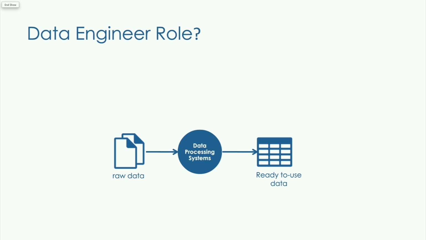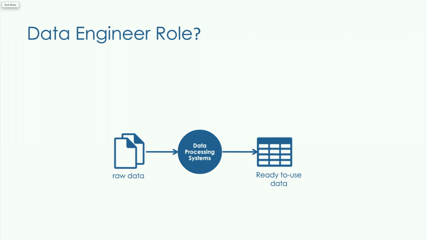Great. So first of all, let us understand the data engineer role. Data engineering is the practice of designing and building data processing systems. The goal is to prepare data to be ready for different use cases.